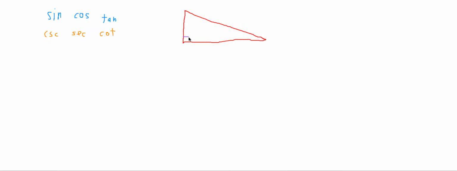Again, this is to the best of my ability, so assume that all 3 of these lines are straight. Let's say you have an angle here. You need an angle here in order to use any trig ratio. Then let's say this is 45 degrees.